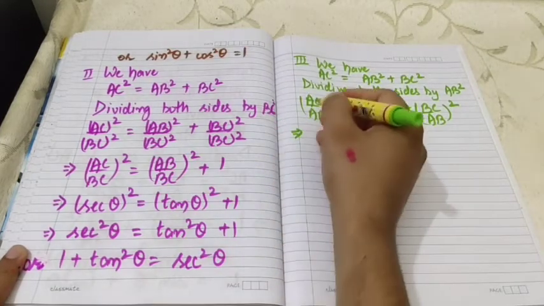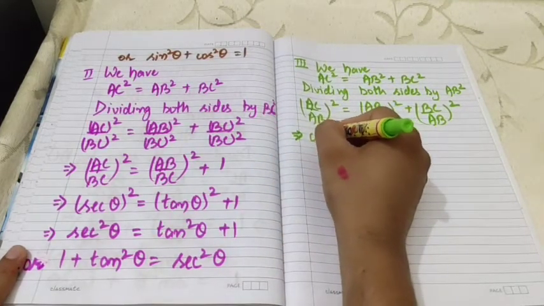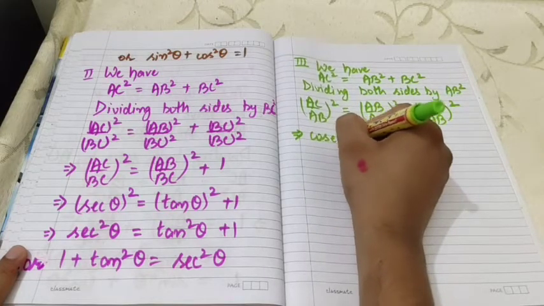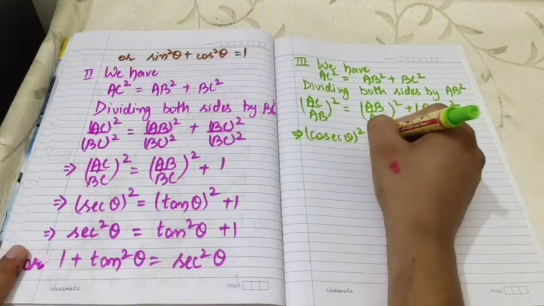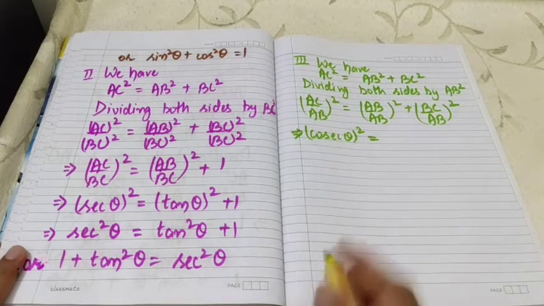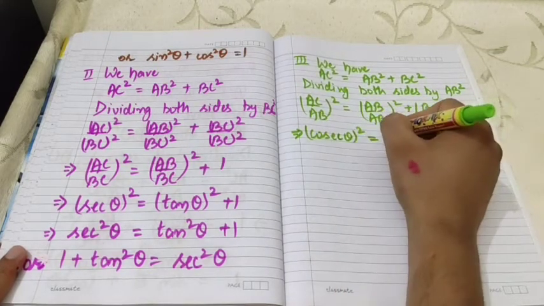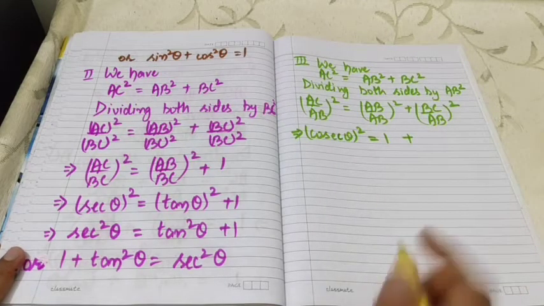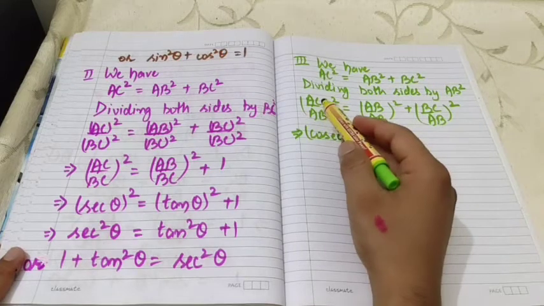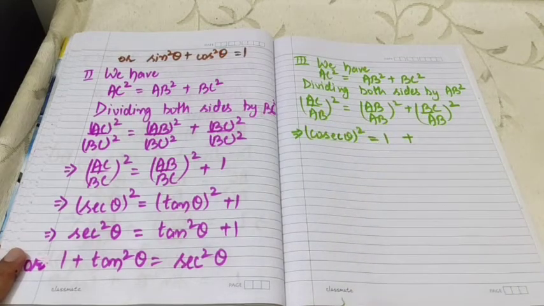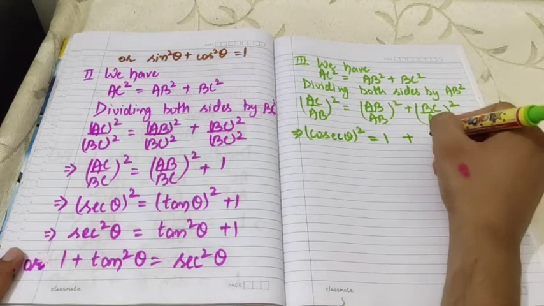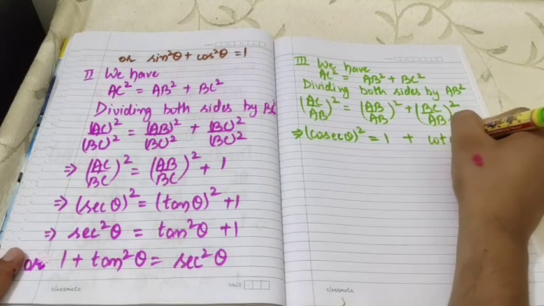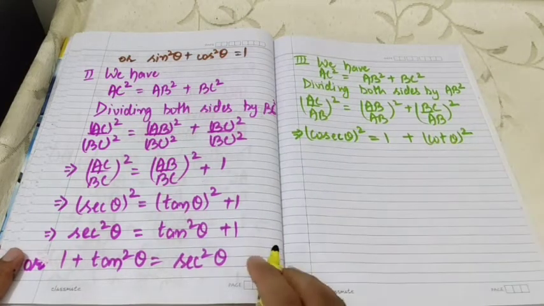So AC upon AB the whole square can be replaced by cosecant theta the whole square, equals AB upon AB the whole square, which is 1 square, which can be written as 1, plus BC upon AB. Following the same way as we followed for AC upon AB, we can say that the ratio of BC to AB is cot of theta, whereas the whole square will remain as it is.